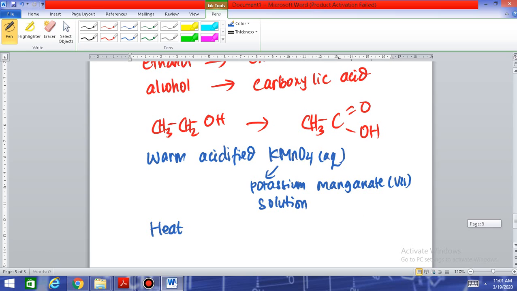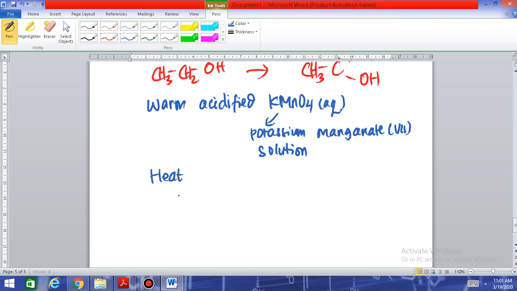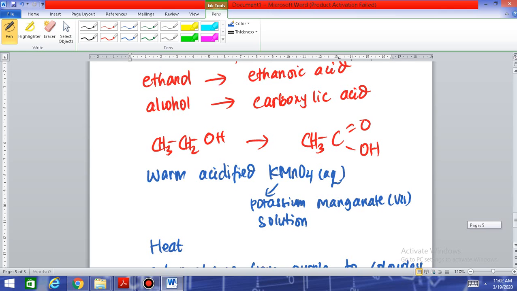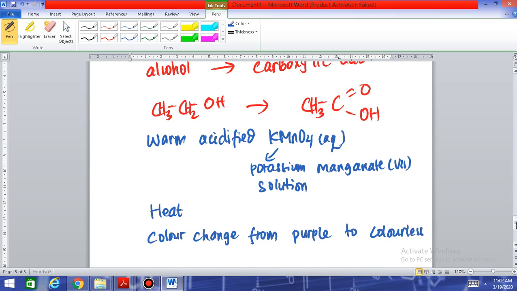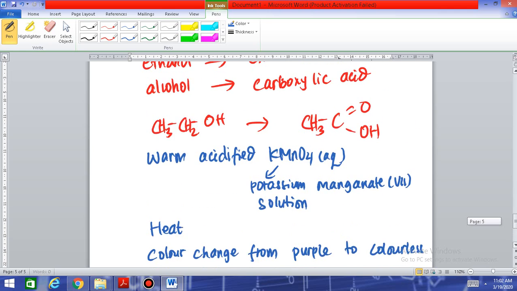There is something that we can observe from this reaction: a color change from purple to colorless. Once again, there is a color change from purple to colorless in this reaction.